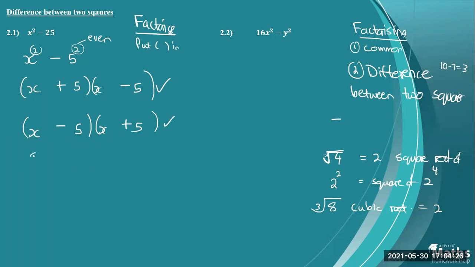But if the question says simplify, then they will give you something like this, where you must FOIL in order to get rid of the brackets. So if they say simplify, you get rid of the brackets. This is very important to understand the difference between the two.